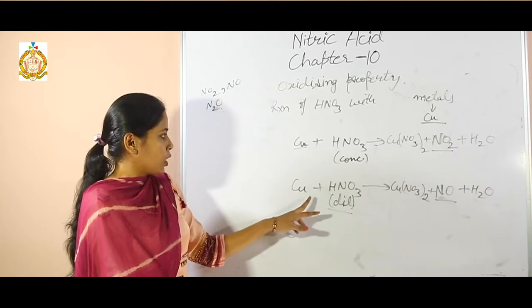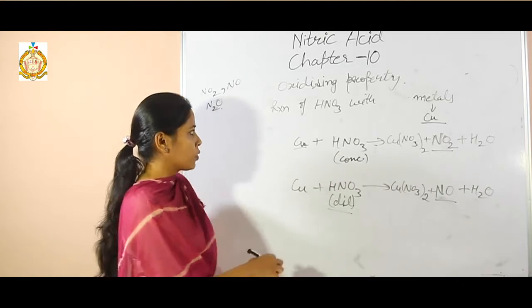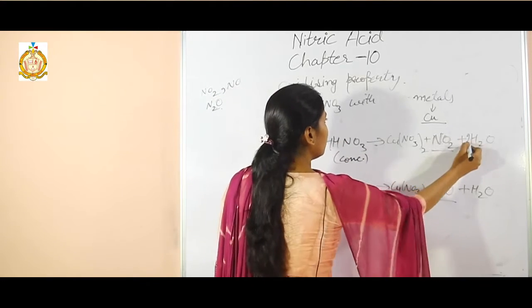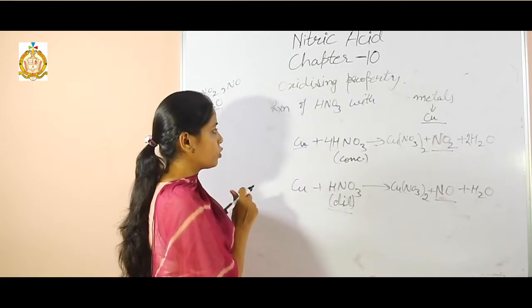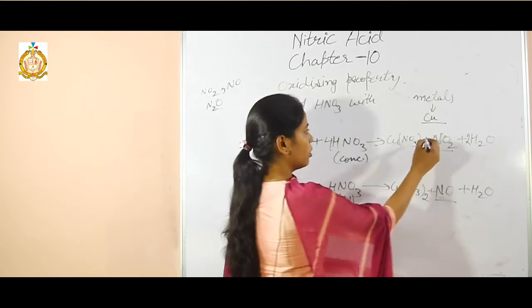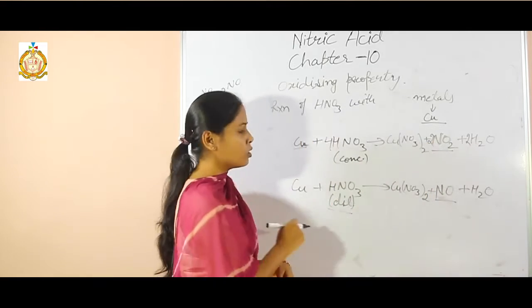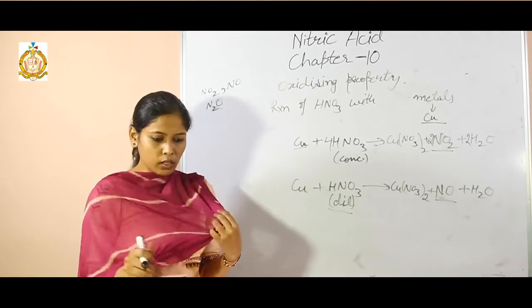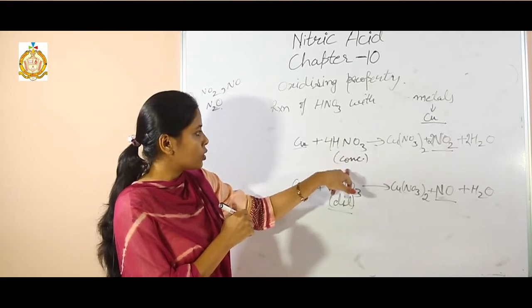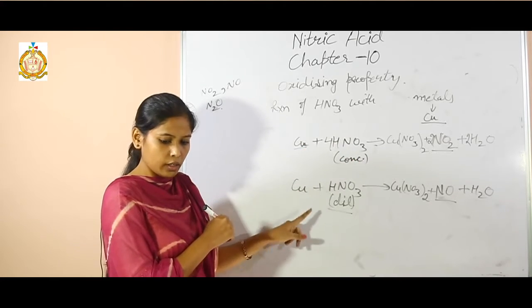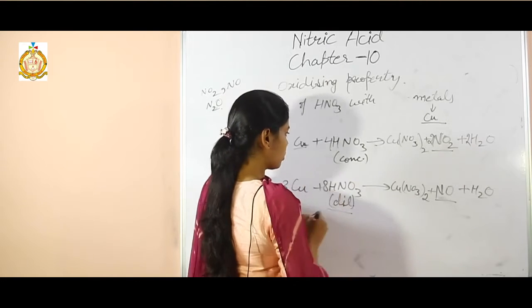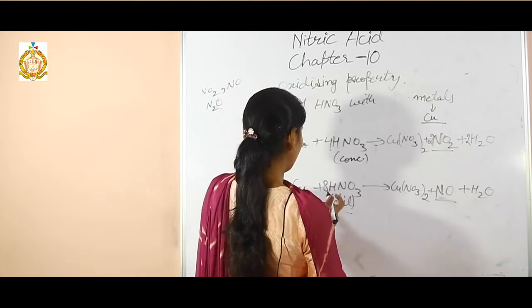How to balance? First concentrated. When we write here 4, then it could be balanced by writing 4, 2 and here is 1, 4. Now it is balanced. This is with concentrated, and next one is with dilute. After writing here 3, 8, it could be balanced.